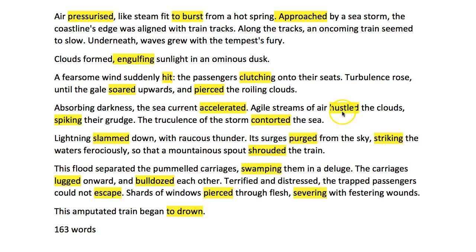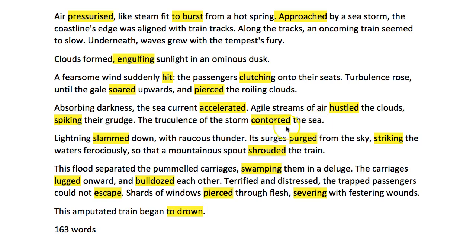The clouds are being personified here because they are literally spiking the grudge of, oh, sorry, no. The clouds have a grudge, they're personified. Their anger is being spiked by the air, which is hustling them. And so now the storm itself becomes like a thinking being that's determined to attack the sea.